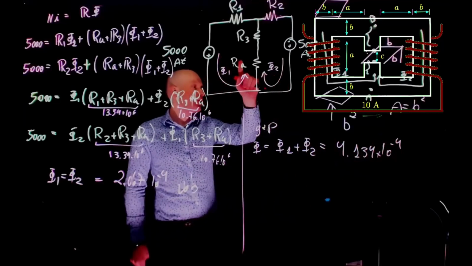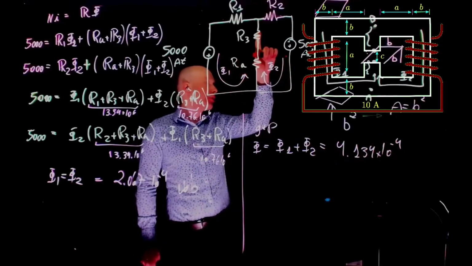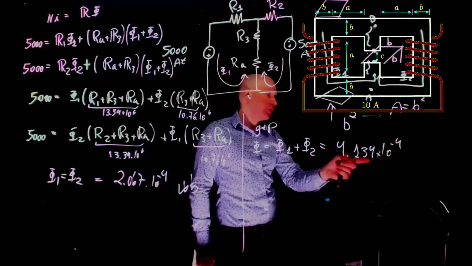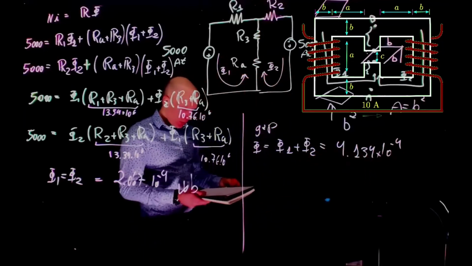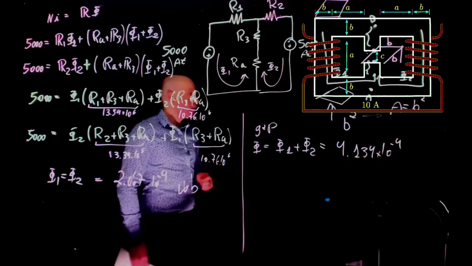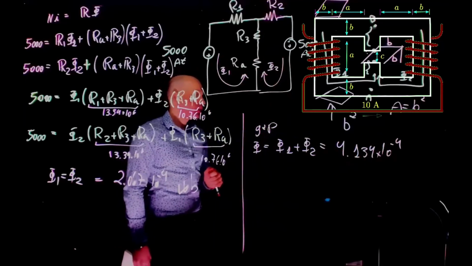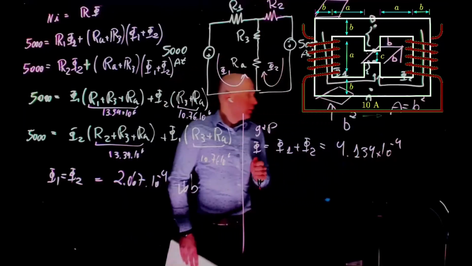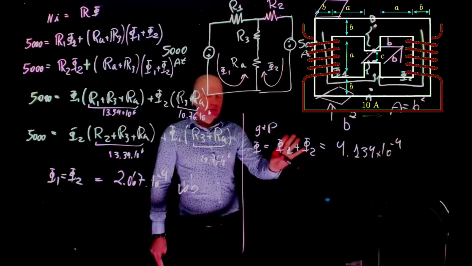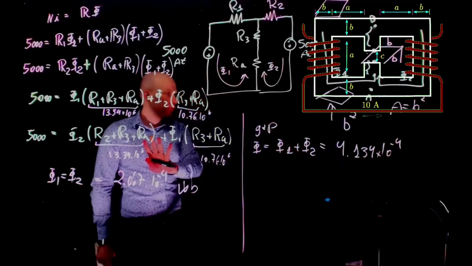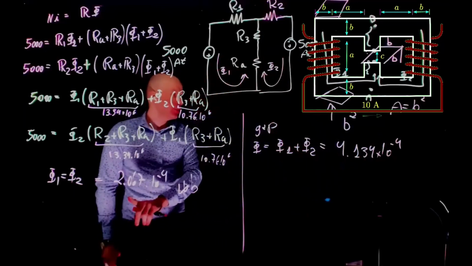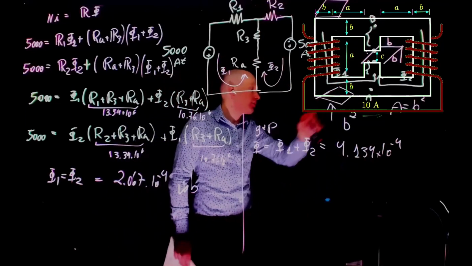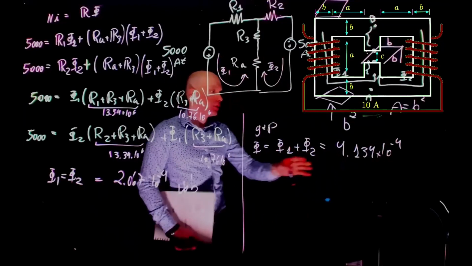Right, this value is known, this value is known, and you see that what passes through the air gap is the sum of them, that is 4.134. Any questions at this point? Is there anybody still there? Yeah, still here. So is this clear? This is a simple system of two equations. We found phi1, phi2. We know that on the gap, the total flux is the sum of them. So 4.134.